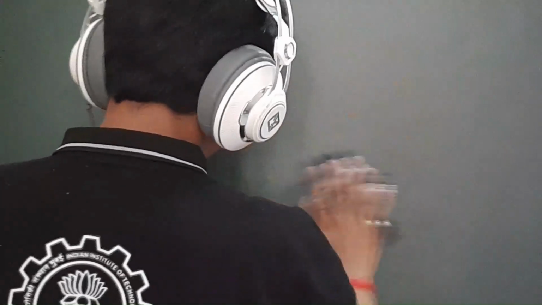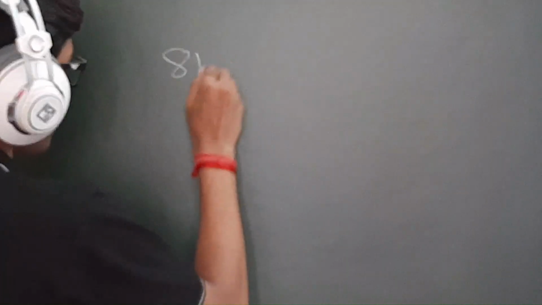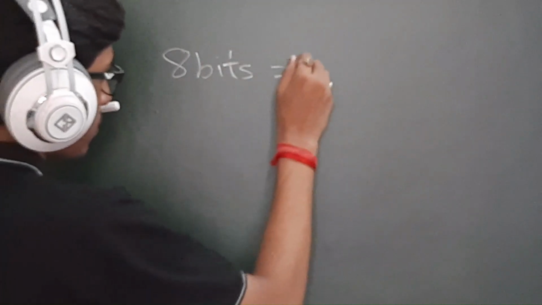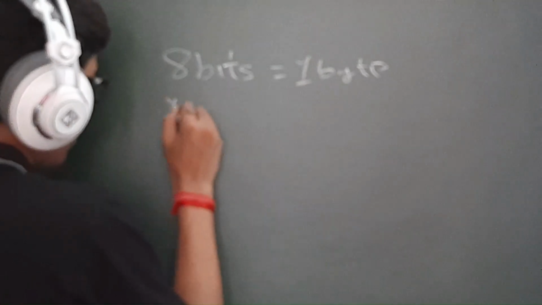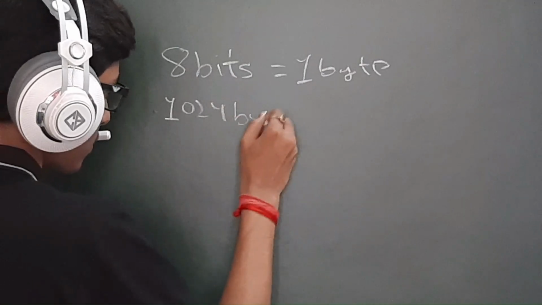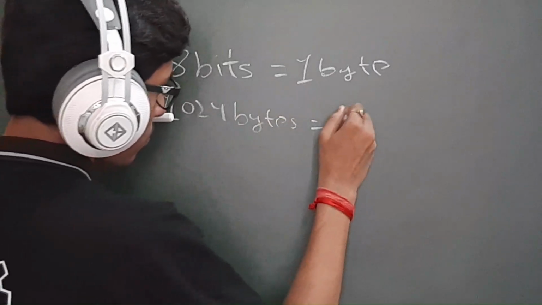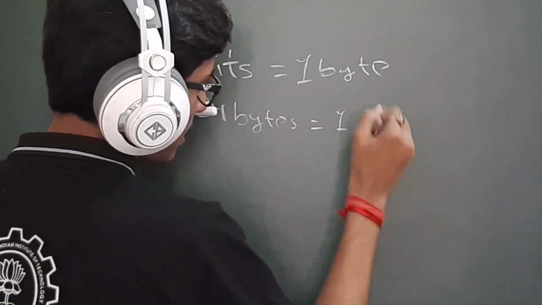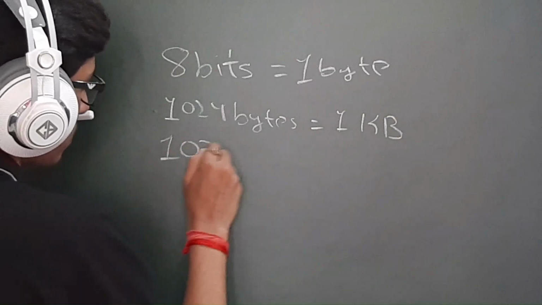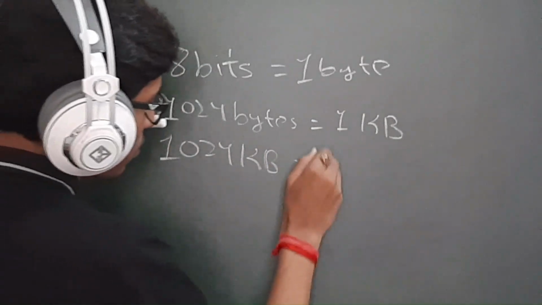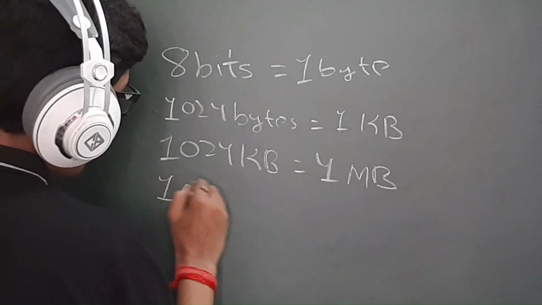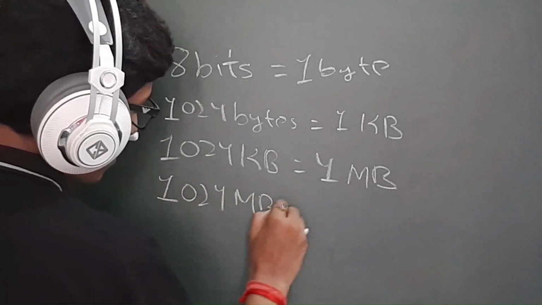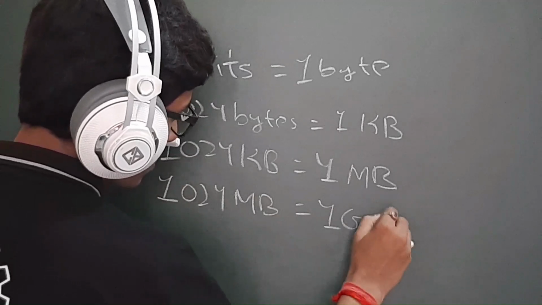You have a familiar idea from your high school that 8 bits is equal to 1 byte, 1024 bytes is equal to 1 kilobyte, KB. 1024 kilobytes is equal to 1 megabyte, and 1024 megabytes is equal to 1 gigabyte.